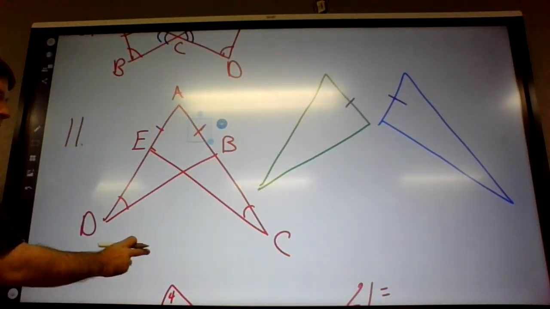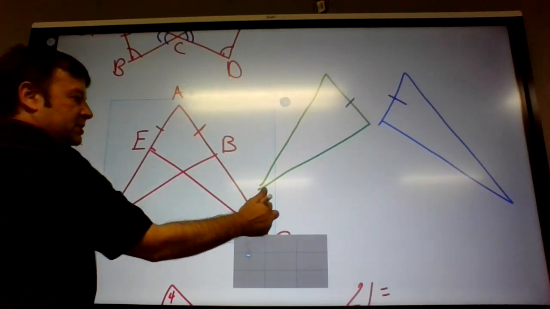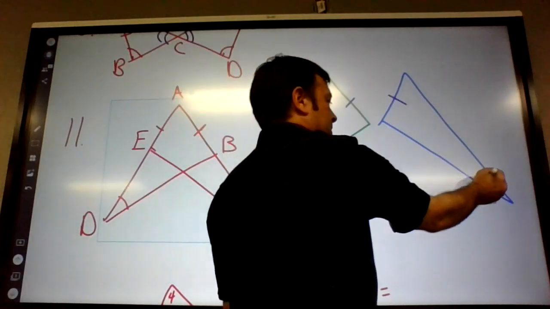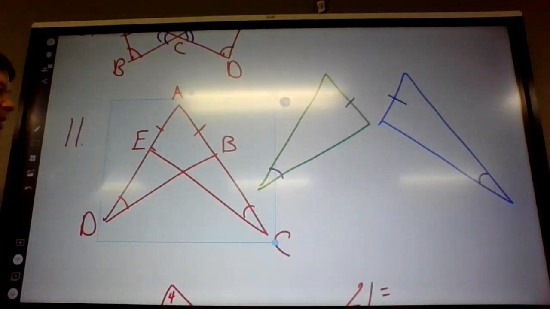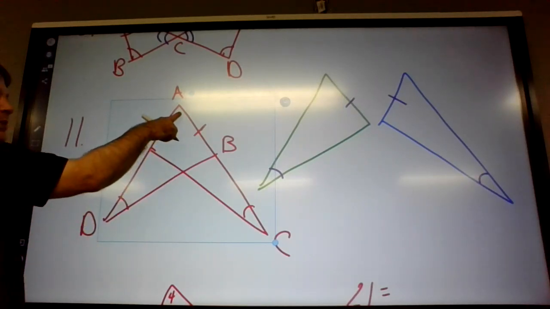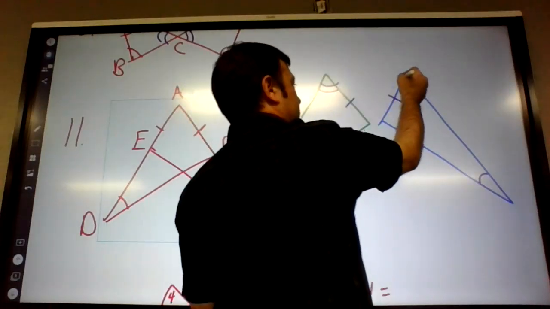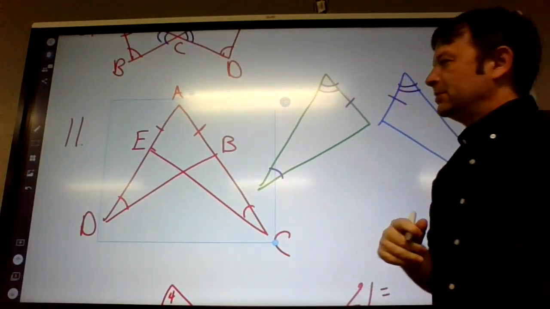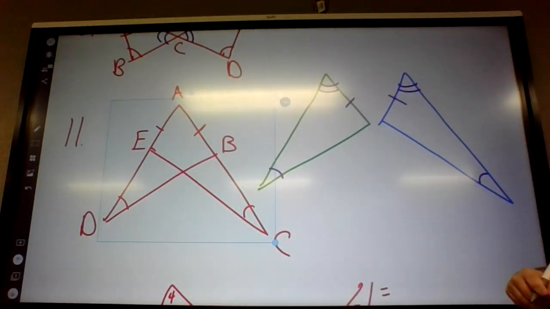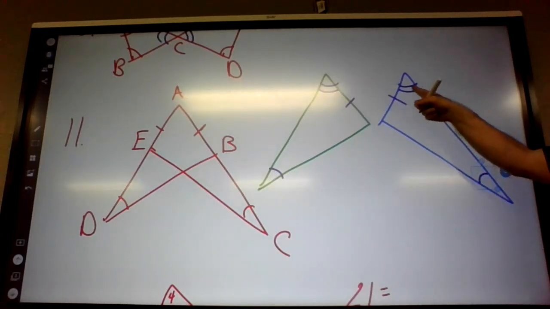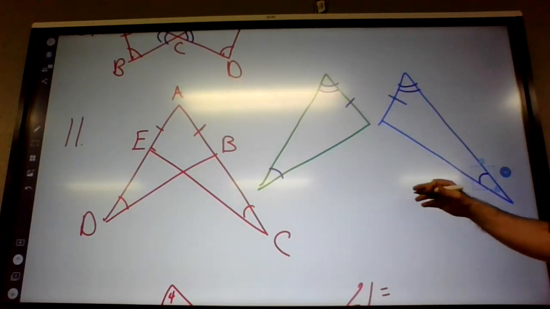What else? Angle D and C, these two are the same. And what else is the same? The A. Yes, they both have angle A up here at the top. That's where they overlap. They overlap at angle A. So, what do I have? Angle, angle, side.